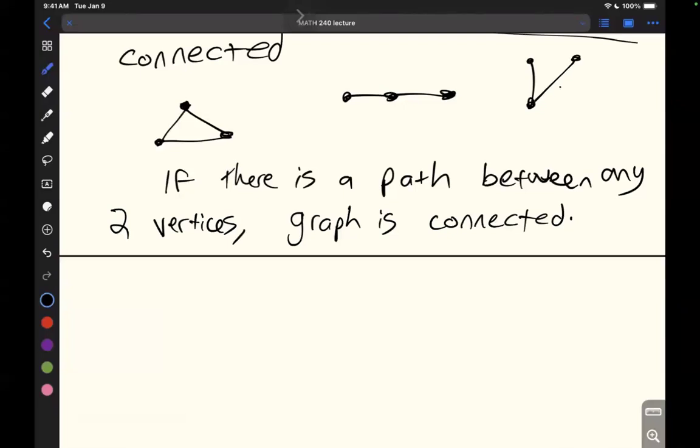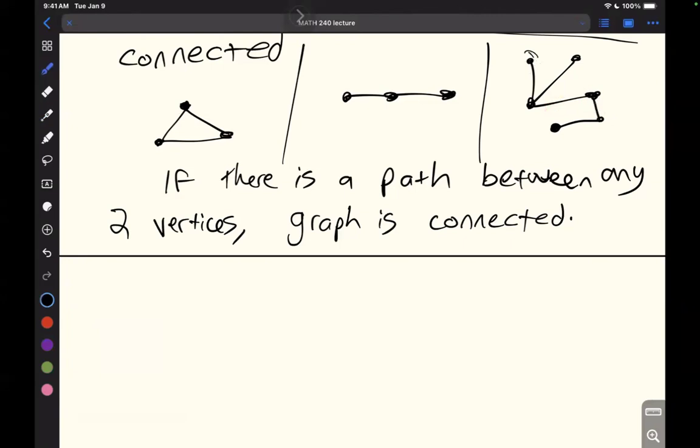Pop quiz. Okay, those are all three separate graphs. Is this graph connected? Yes. What about now? No, because there's no way to get from this guy to that guy.